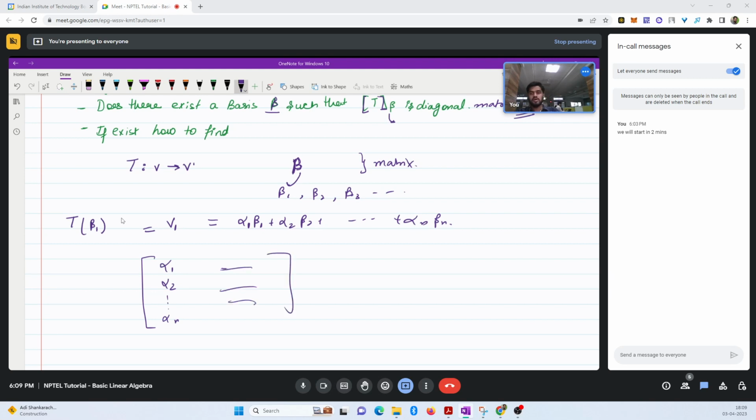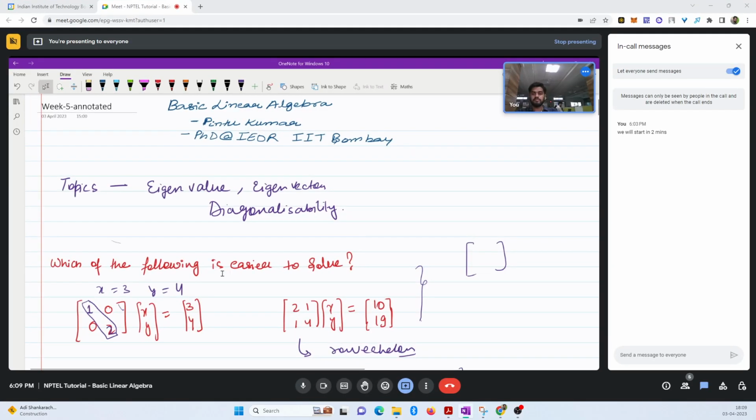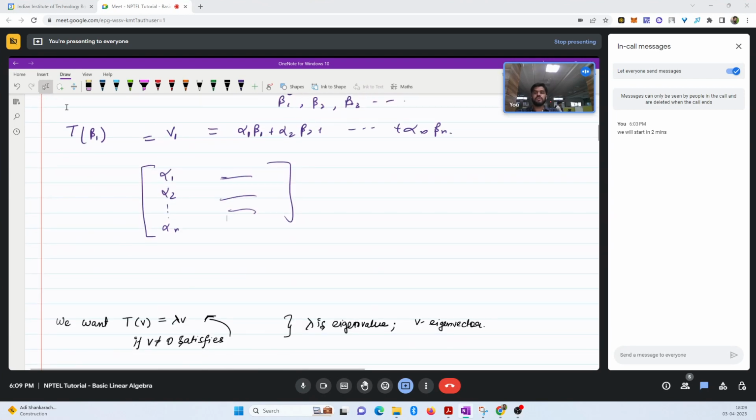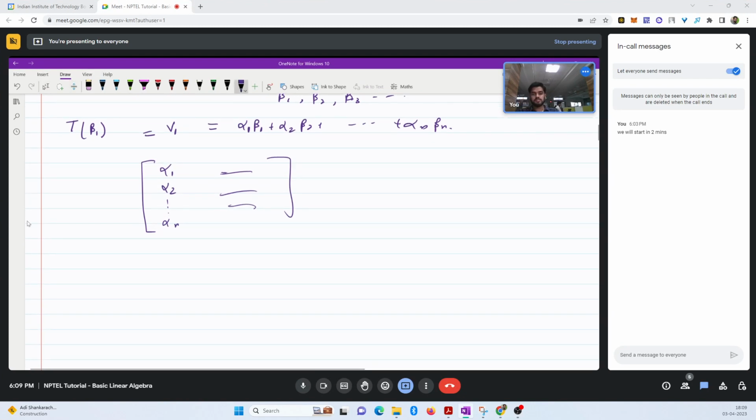Now, if we want this matrix representation that we are finding to be a diagonal matrix, what do we want? We want these entries to be 0. In column 1 we only want this entry.